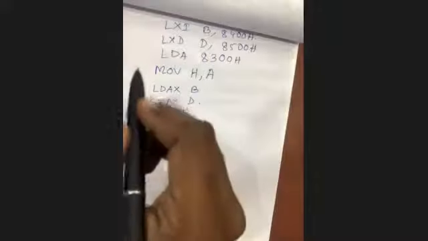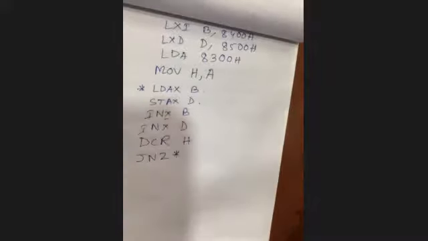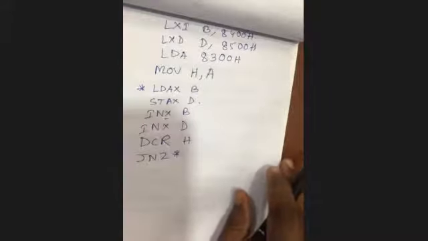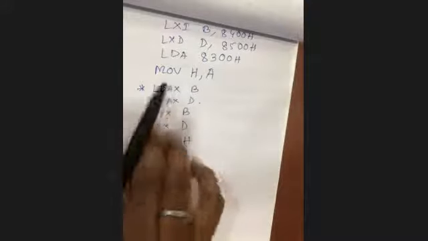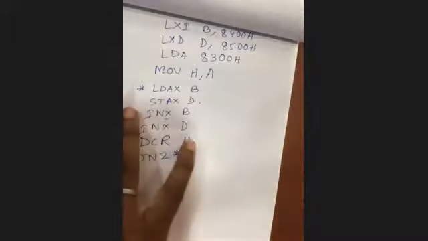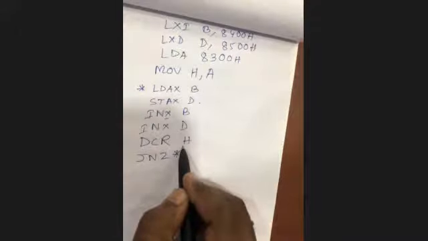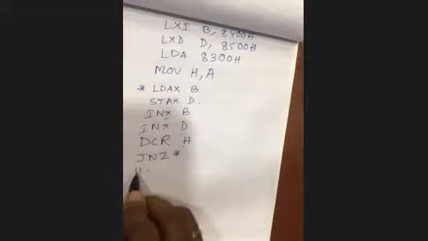If not 0, then jump to LDAX B. Sir, with this program, the result is stored from 8400 to 8500, 8401 to 8501, 8402 to 8502, until H becomes 0. Right? Last, there is nothing, that is HLT. Is it clear? Yes, sir.